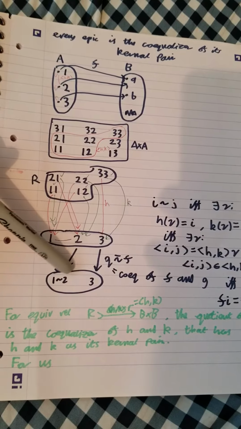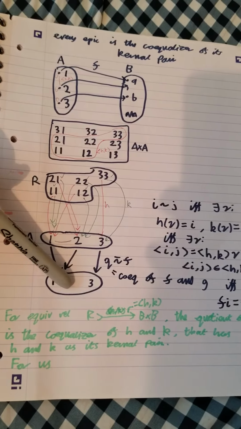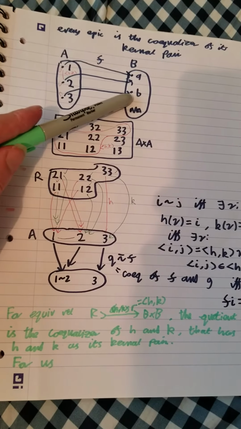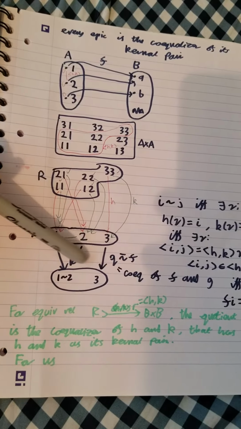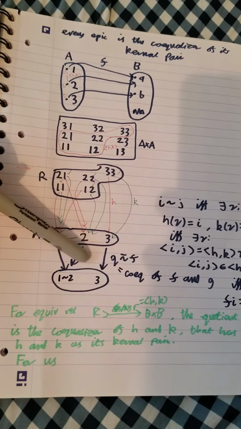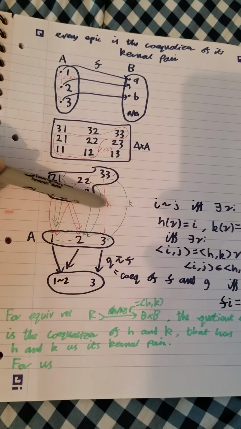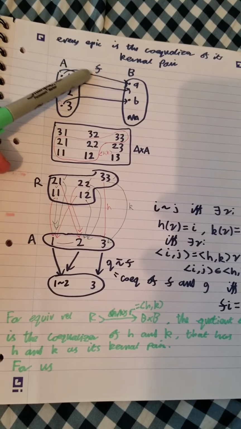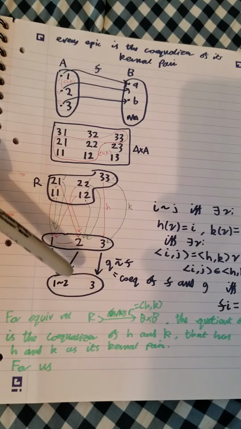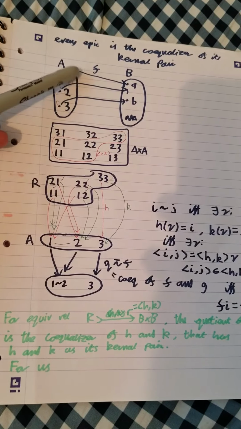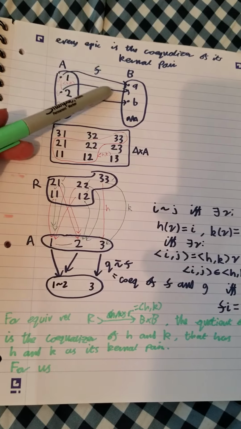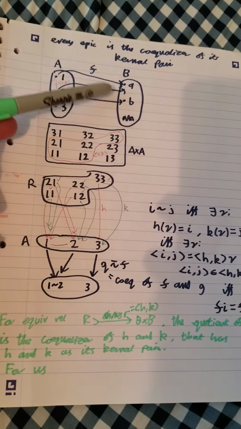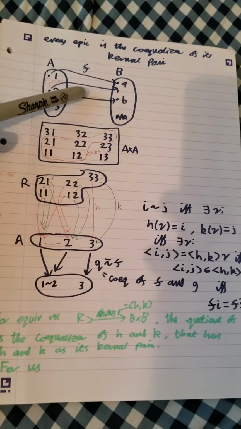And then you see that this co-equalizer of h and k looks just like f. So this is the idea, that because this f is epic, we can consider it to be the co-equalizer of its kernel pair.